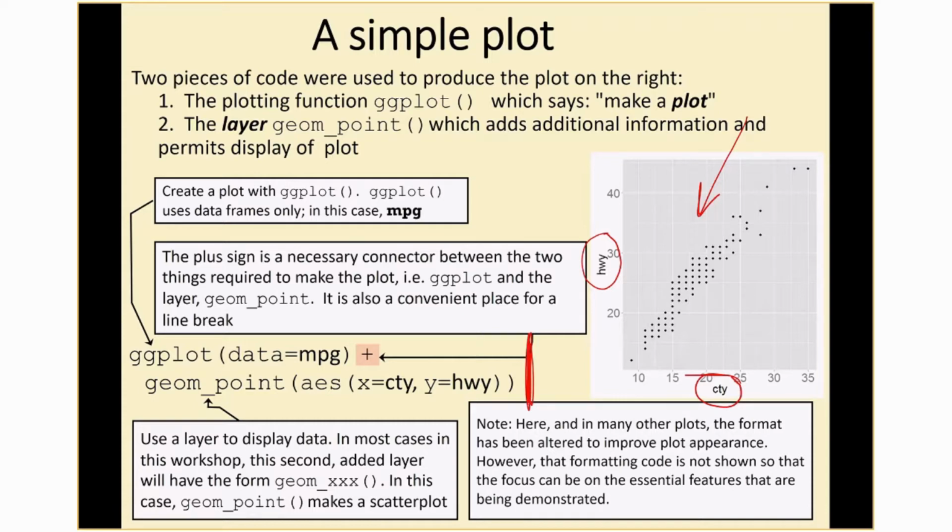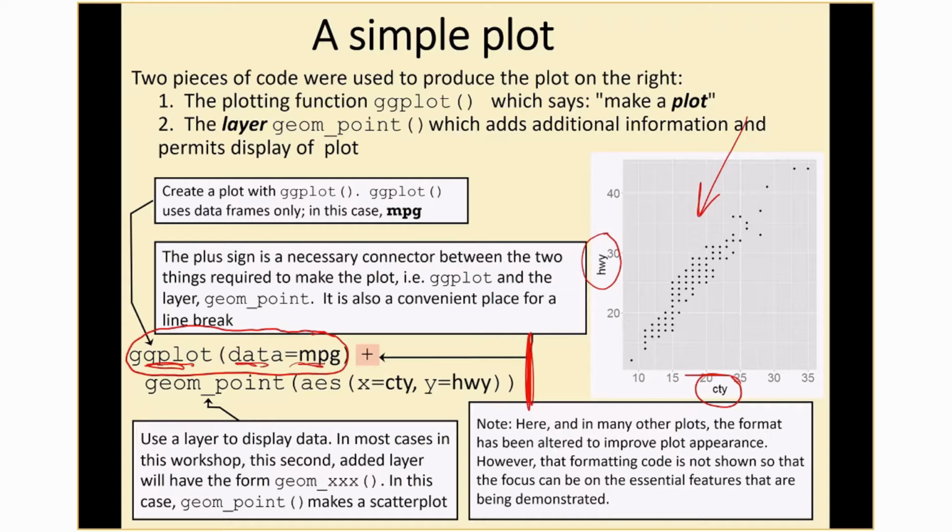And the code consists of a couple of components. The first component is the plotting function. And remember, anything that's in Courier, you always do exactly like that because it's an R keyword. So we've got the keyword ggplot, and that tells R make a plot. And then we've got this data equals that points us to mpg, the data we're going to use to make the plot.